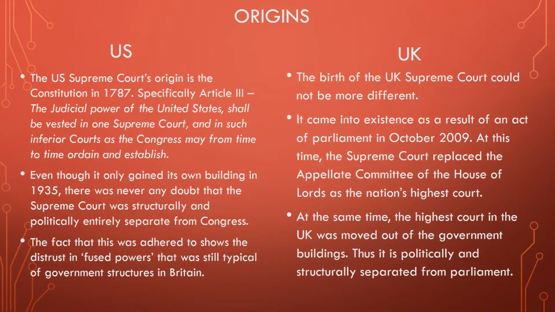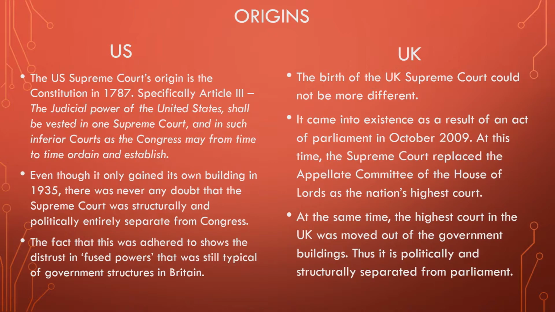And so what they are doing with removing these fused powers that they saw Britain as having, because obviously the highest court in Britain at this time was in the House of Lords, what they're doing is they are going against what Britain already had, and reacting against Britain and trying to be as separate as possible. In contrast, the UK Supreme Court couldn't be more different.